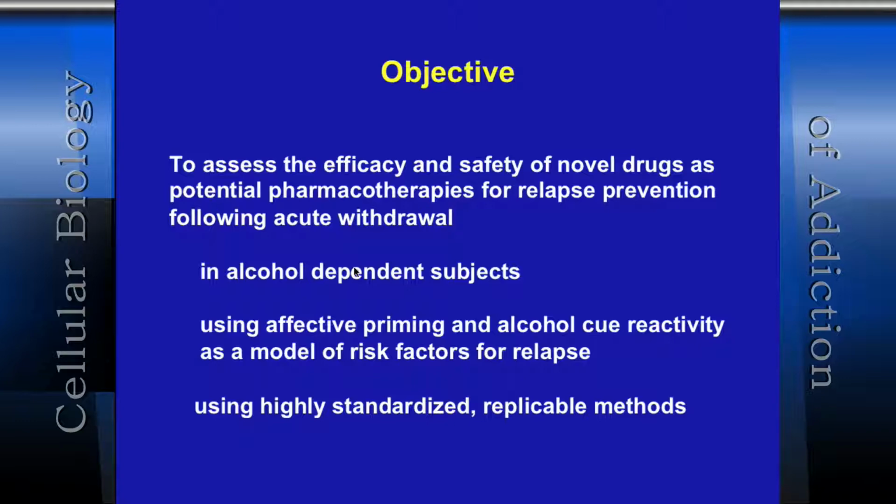So what we try to do in the human laboratory model is to create these different conditions and see if the drug that we're studying reduces the vulnerability to relapse under these common situations.